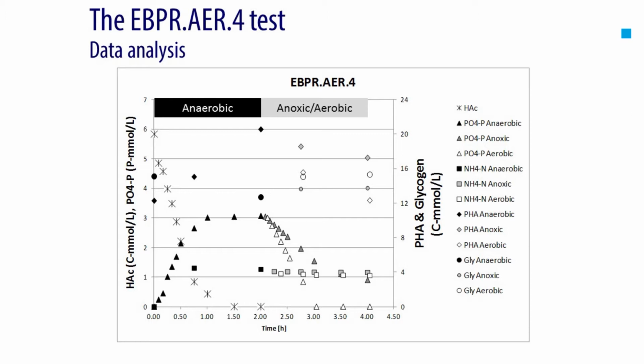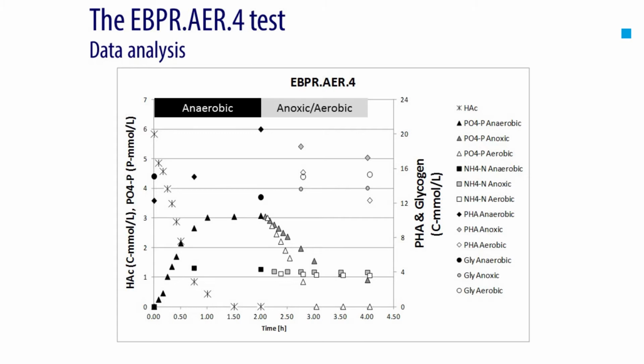Overall, two stages or phases can be identified: the anaerobic stage from 0 to 2 hours, and the anoxic and aerobic stages from 2 to 4 hours. However, since the samples of the anoxic and aerobic stages are collected simultaneously, they overlap between 2 and 4 hours.